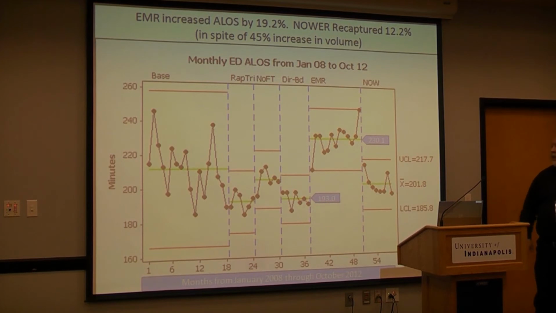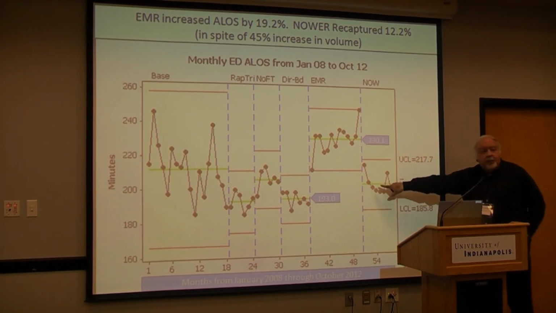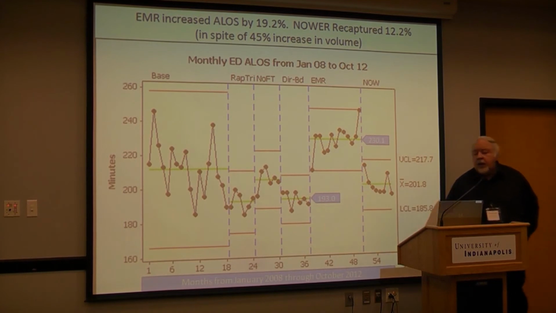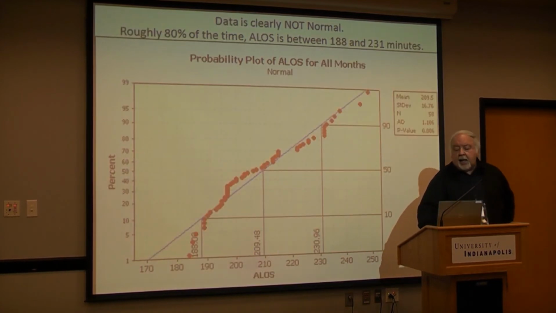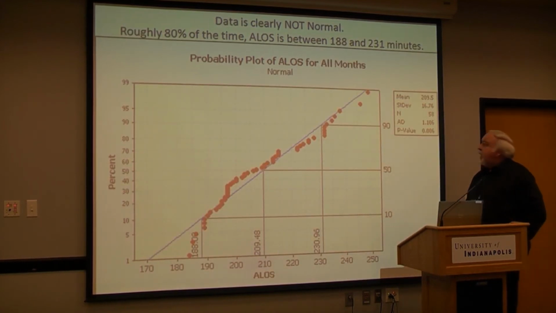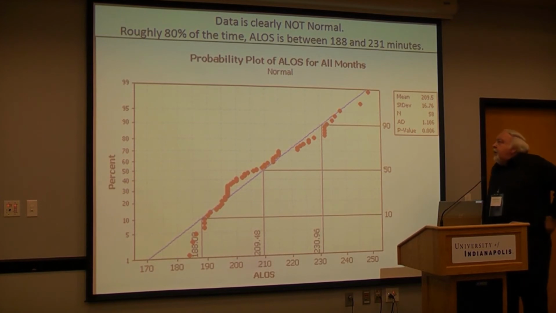So when we look at it this way, you see things that you didn't see before. And one of the important things is, when you're going to forecast based on this information, what do you forecast on? Do you forecast on all of the data, the 58 points? And the answer is absolutely not. You forecast on the last stable period. Okay? Here's an example of how you might do that.